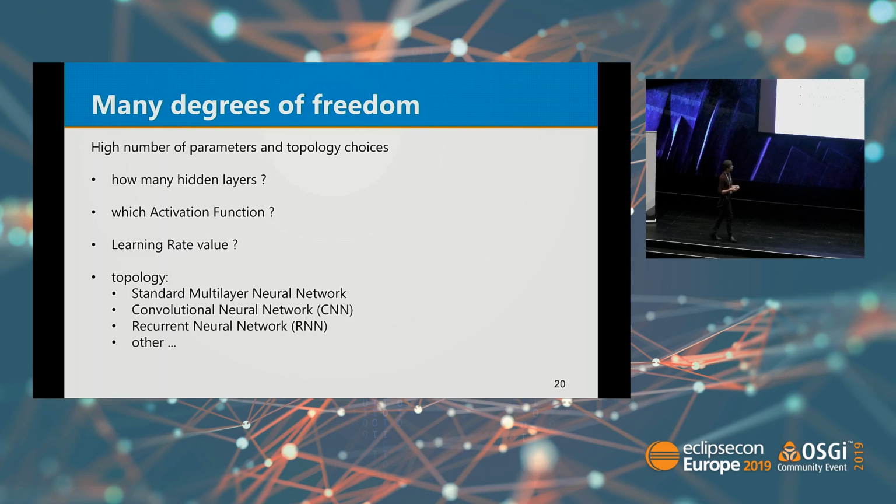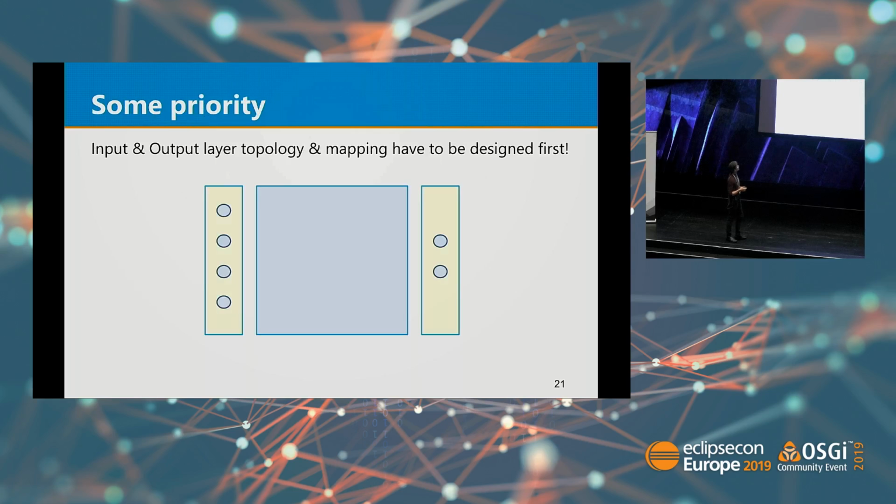There are many, many choices. But one thing has the priority, and this is how I can map the real use case to the input and output, so 0, 1 nodes.